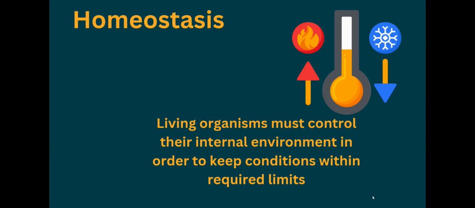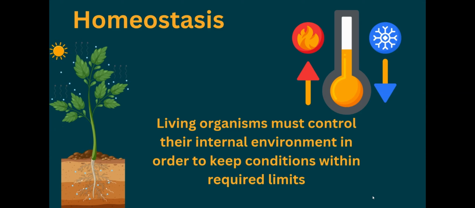While if your body temperature is below the optimum temperature of 37, you start shivering. This action of shivering allows the particles to vibrate faster to increase your body temperature again. Now, if you look at plants, the plant also uses transpiration to maintain a suitable temperature.